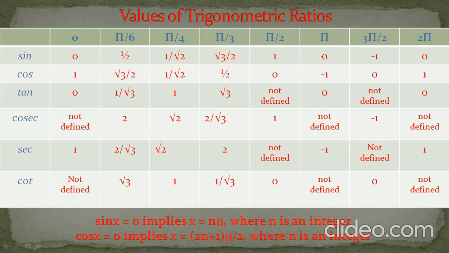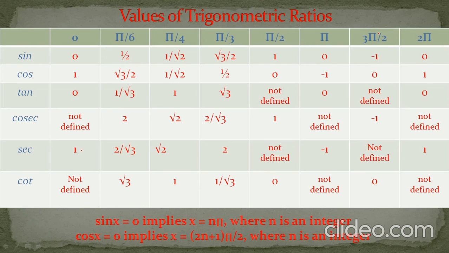That is sin pi will be negative of 0, so 0. Cos pi will be negative of 1, that is minus 1. Then tan of pi will be negative of 0, again 0. Cosec 0 is not defined, so cosec pi will also be not defined. Secant 0 is 1, so secant pi will be its negative, that is minus 1. Then cot 0 is not defined, so cot pi will also be not defined.